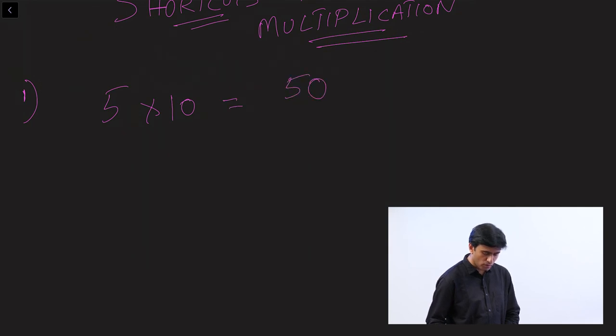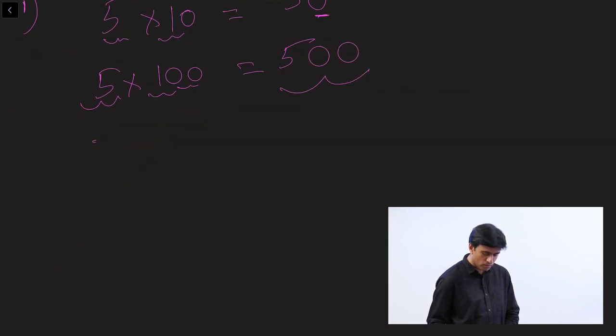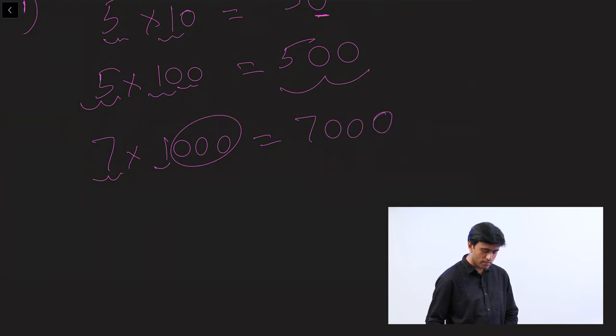You just have to do 5 into 1 and add 0. How about 5 into 100? You just have to do 5 into 1 is 5 and just write the remaining zeros, 2 zeros, 500. Try this. 7 into 1000. You do 7 into 1 is 7 and just put the 3 zeros, 7000. Easy, right?